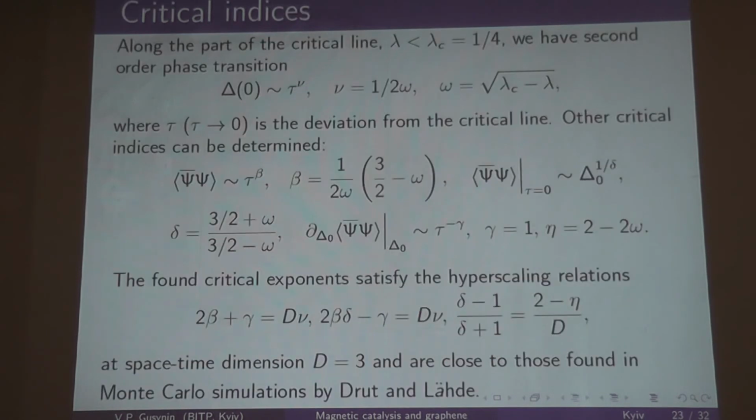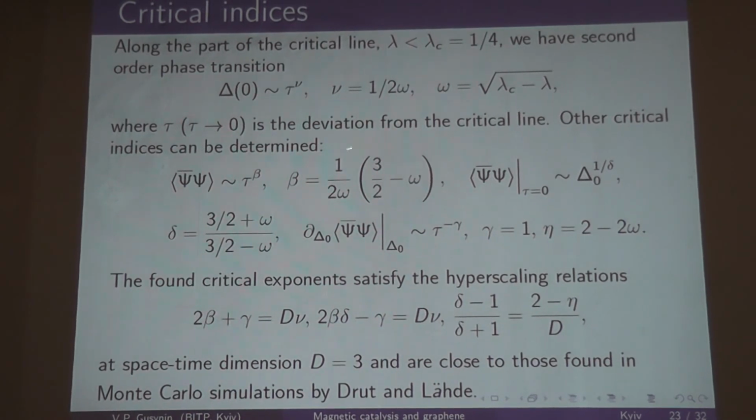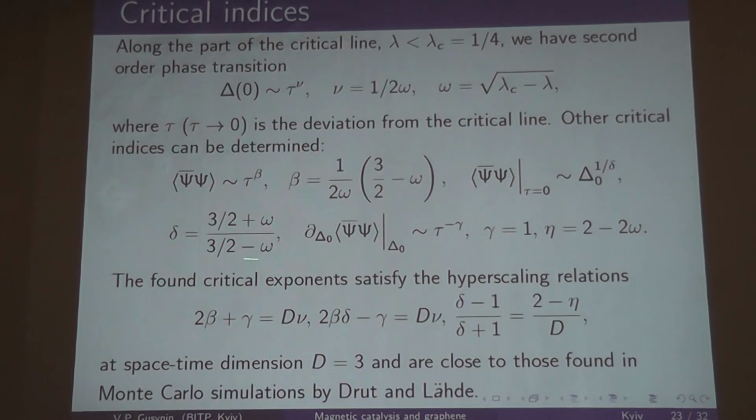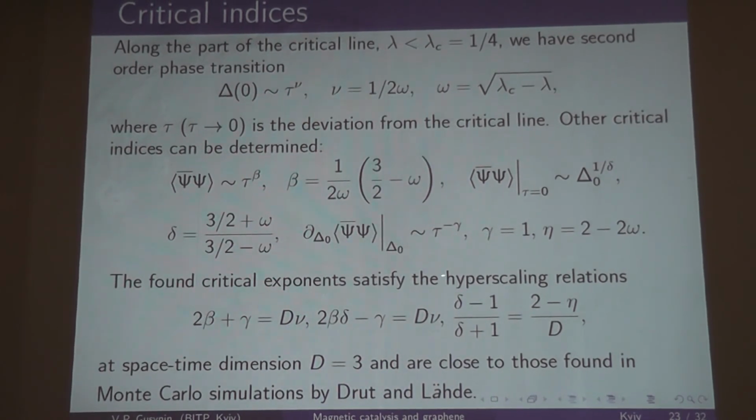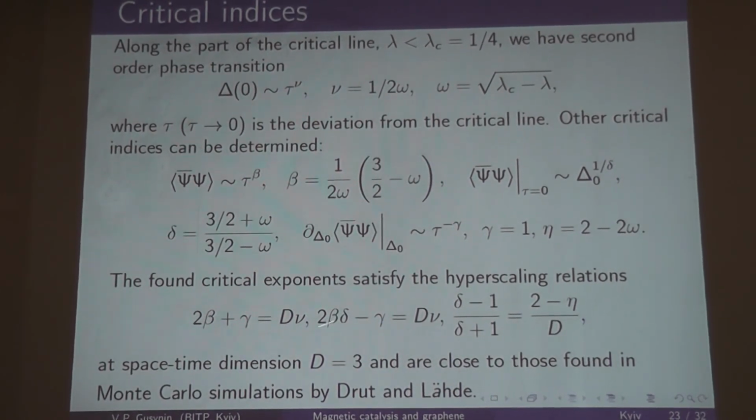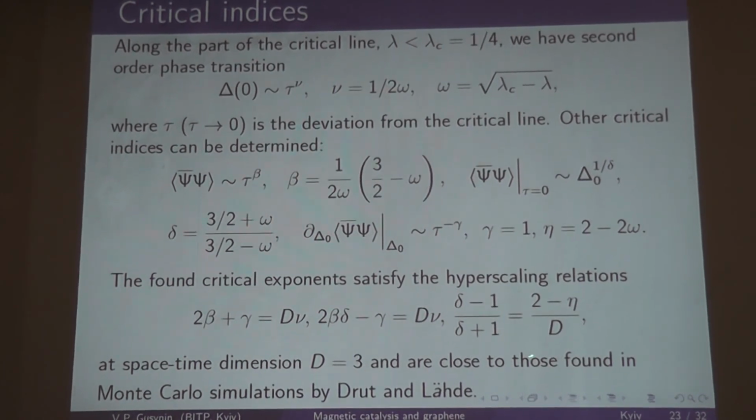Moreover, several critical indices can be calculated when we cross this critical curve. They all satisfy the so-called hyperscaling relations for d equal 3.